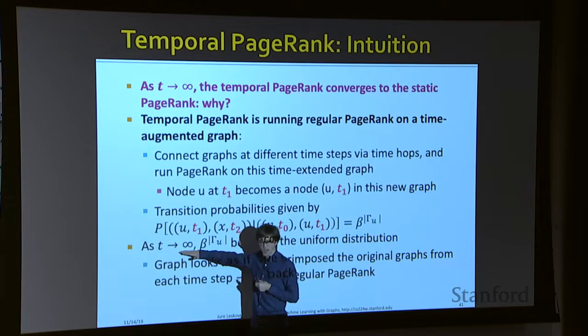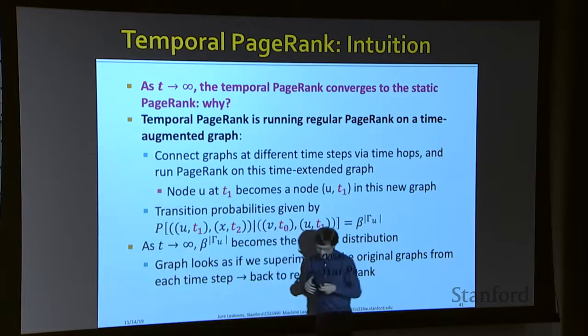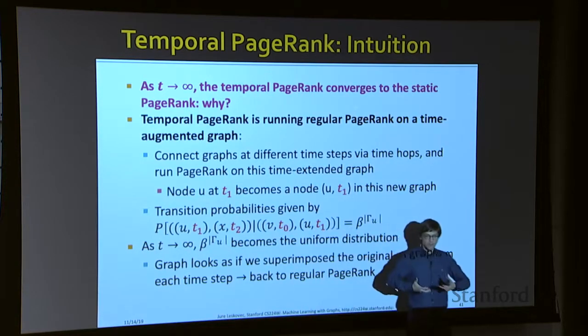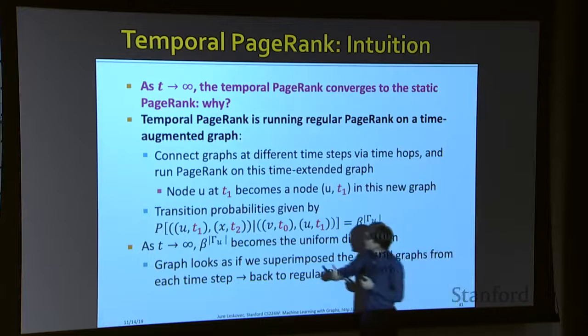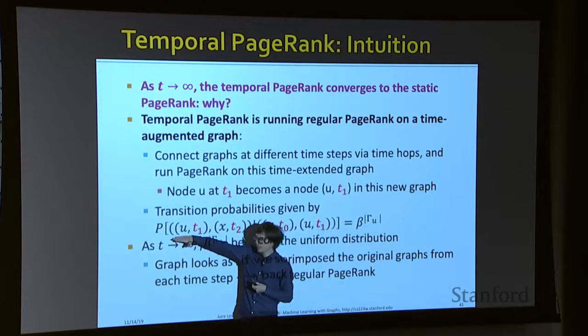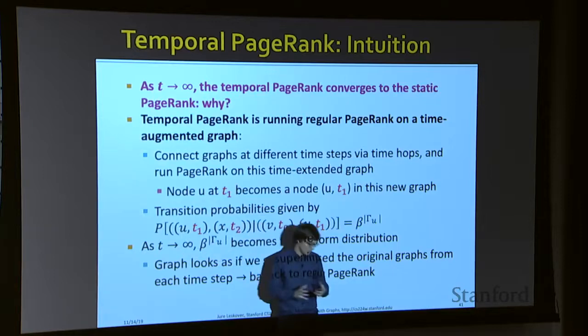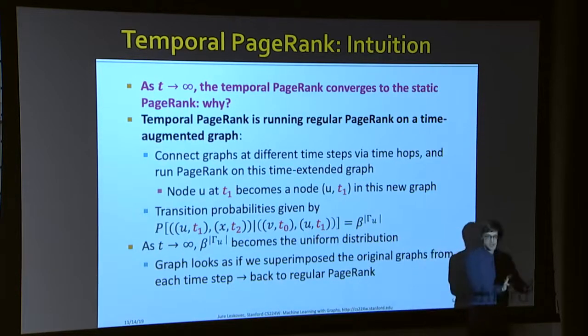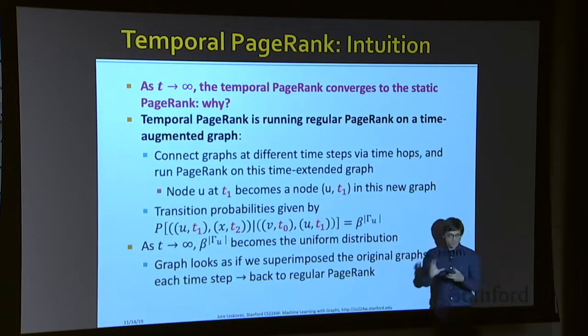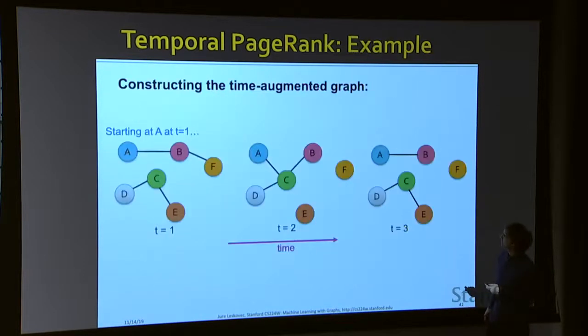So if you have a graph that only grows, and you think of this as a temporal walk, then as new edges arrive, your final PageRank distribution will become the PageRank on the final graph.